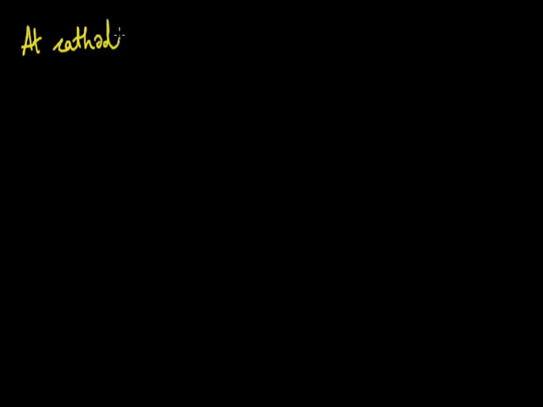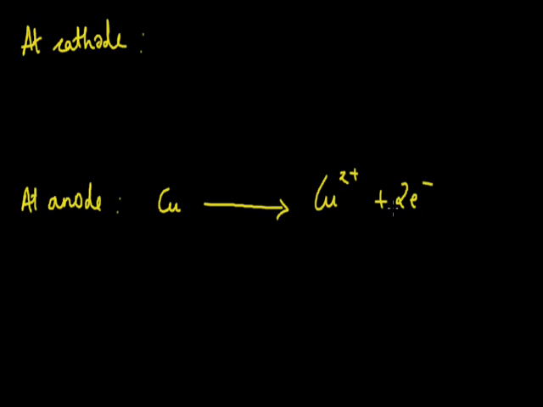Okay. Now we will see the reactions which are involved in this process, at the cathode and at the anode. Now at the anode there is impure copper. This copper is electrolyzed. Electrolyzed means the copper is broken down into Cu2+ and liberates 2 electrons.